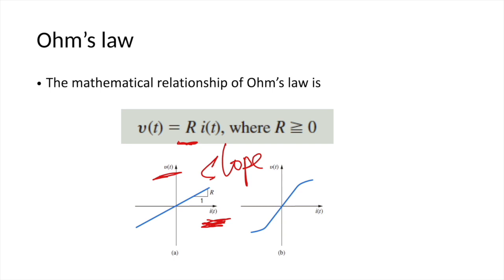So to calculate the resistance, we can use V over I. In the ideal case, the relationship between V and I is linear. However, in real situations, when the current exceeds a certain threshold, the relationship is no longer linear. But in this course, we will analyze the linear relationship.